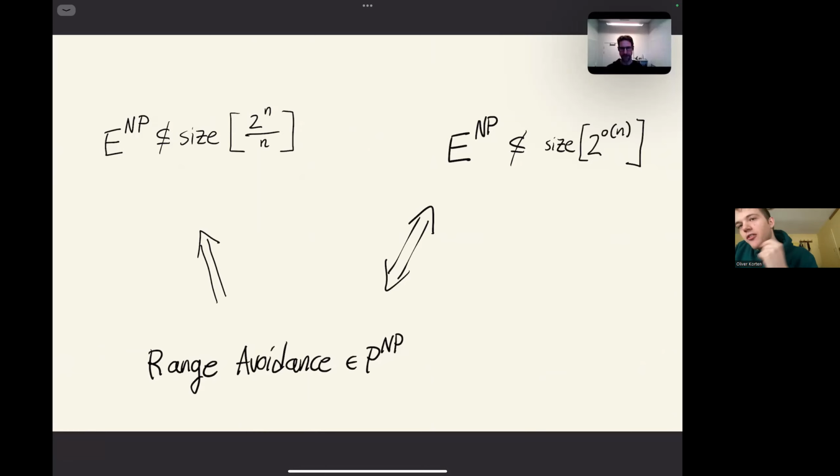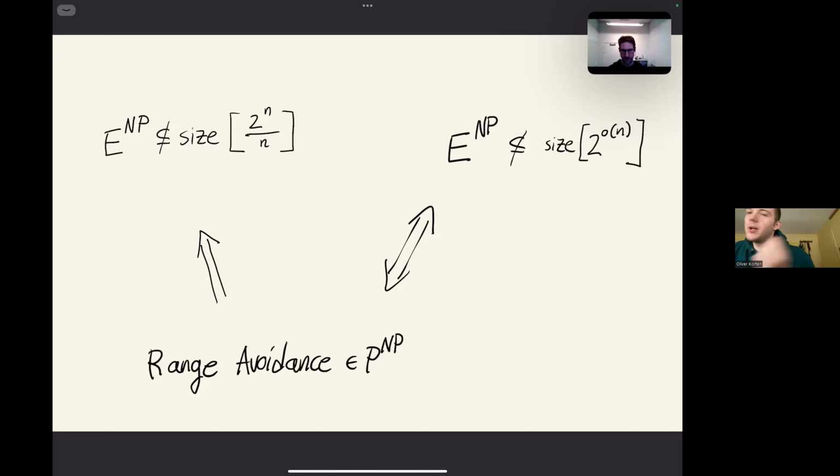If you recall, the construction of hard truth tables that we showed reduces to range avoidance actually has a stronger circuit complexity parameter than just 2^(εn). We're able to show that construction of truth tables of complexity 2^n/n reduces to range avoidance. And so by the same equivalence I mentioned, this says that if range avoidance is in P^NP, then actually we can prove a circuit lower bound which is better than just 2^(Ω(n)).